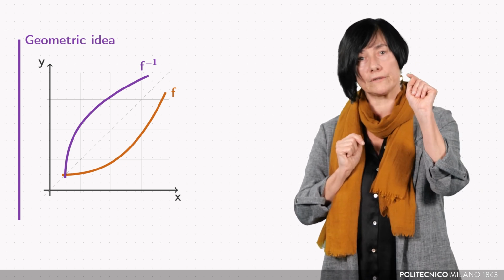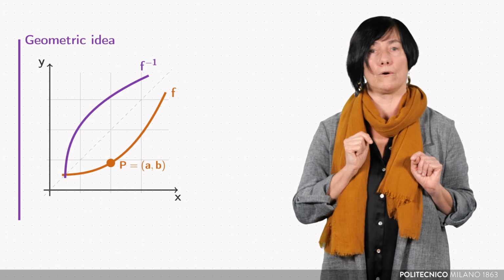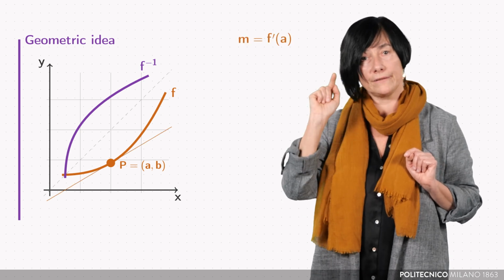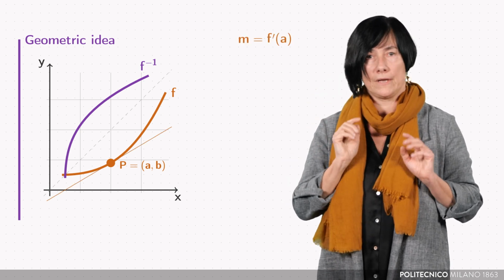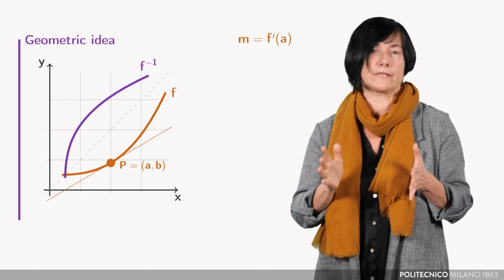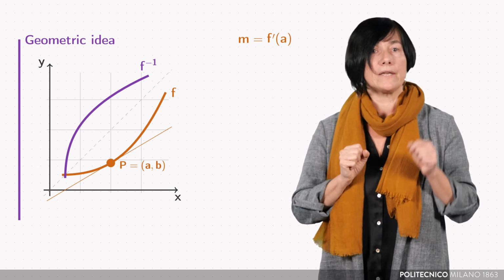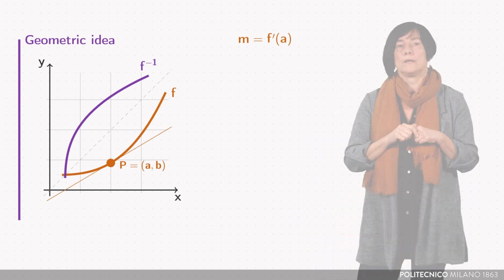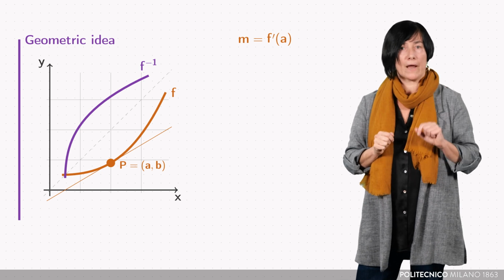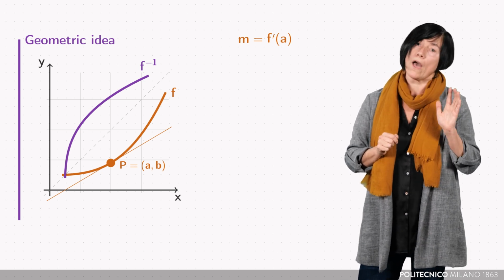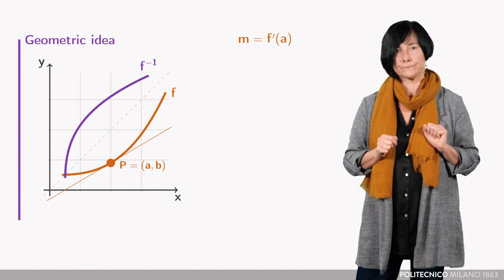We now draw on the graph of f the point P with coordinates (a, b), and the tangent line at P. The slope of this tangent, let's call it m, is given by f'(a). In our case, f'(a) is different from 0, so m is not 0.